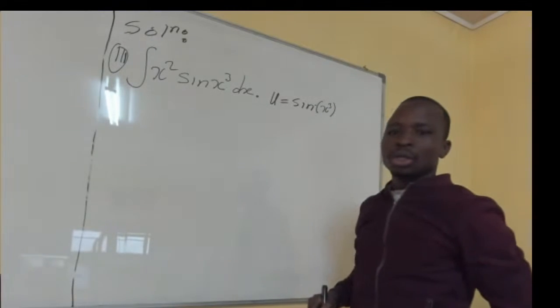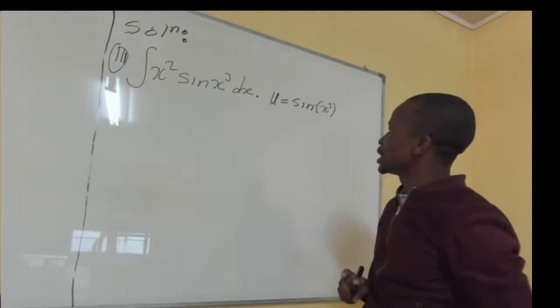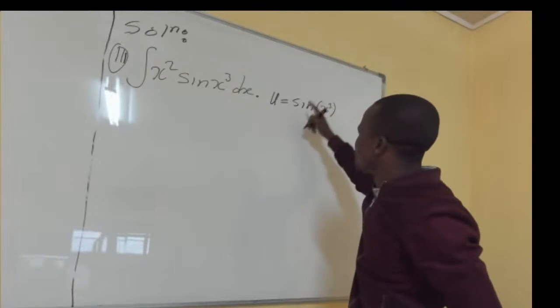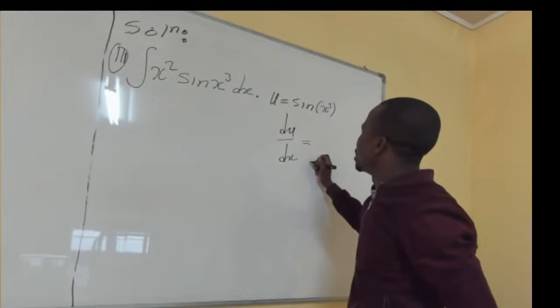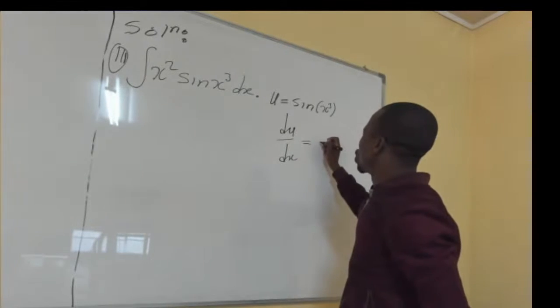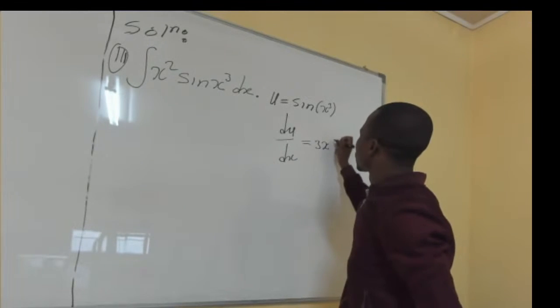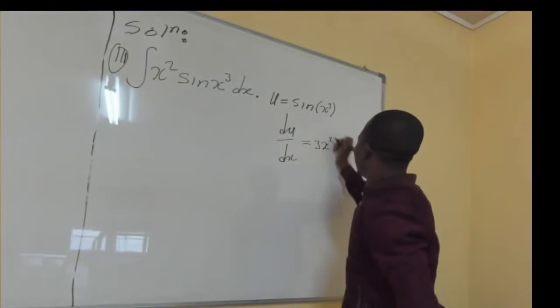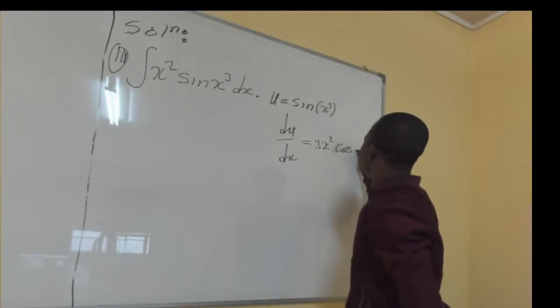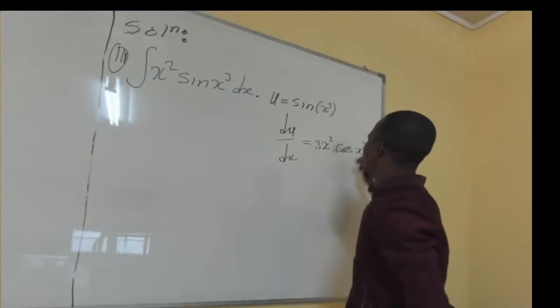Now, if we differentiate this function, we get du dx equal to 3x squared times the cosine of x power 3.